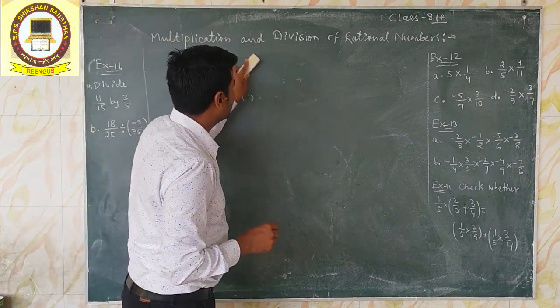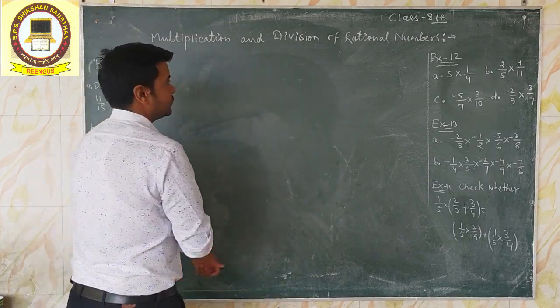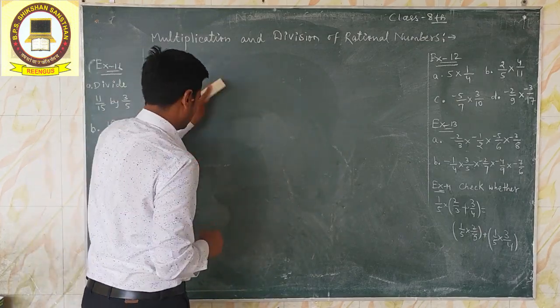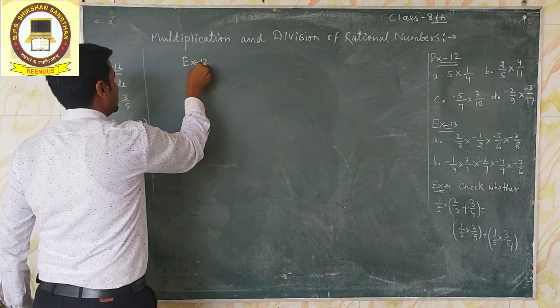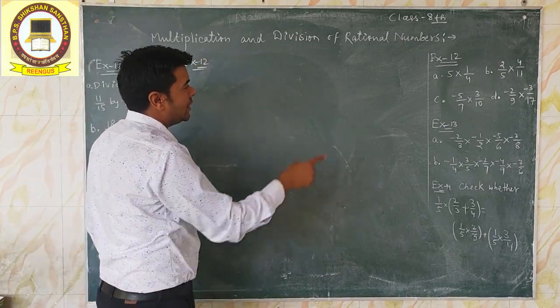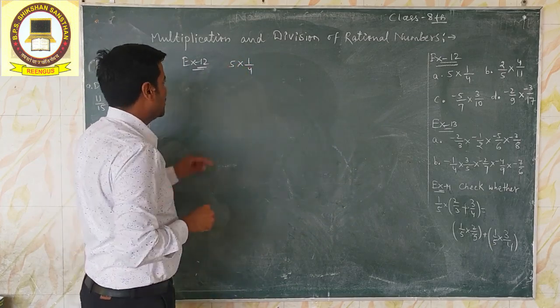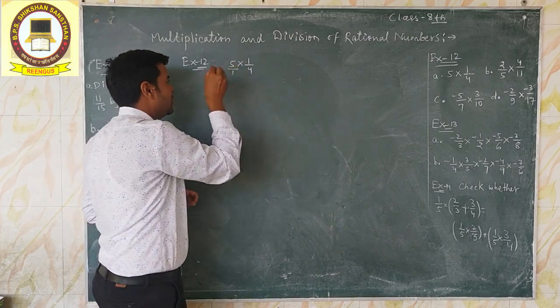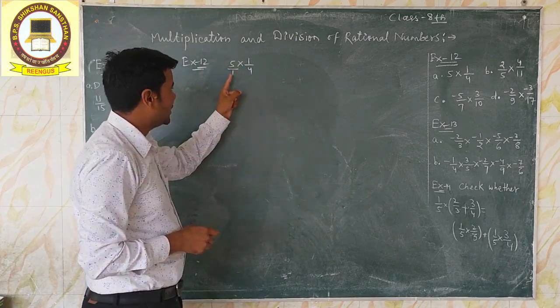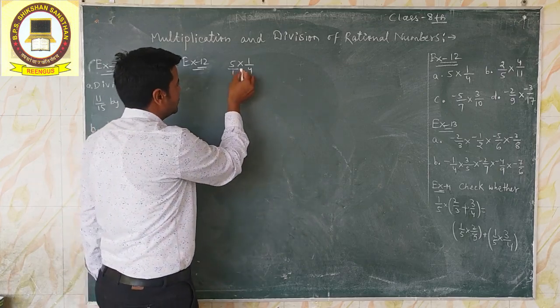Now, moving on to example 12. We need to multiply 5 into 1 by 4. So it is a rational number; we can put 1 in the denominator.